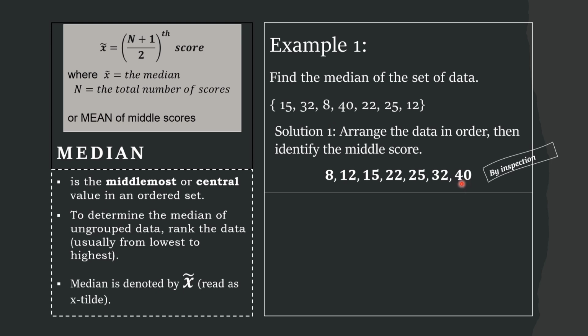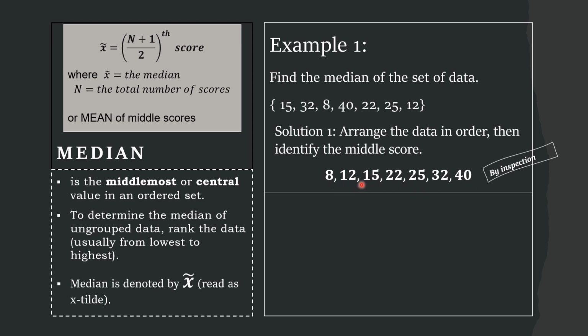Take note, median is the middlemost. It divides the data set into lower half and upper half. 1, 2, 3, 4, 5, 6, 7. So there are 7 scores.